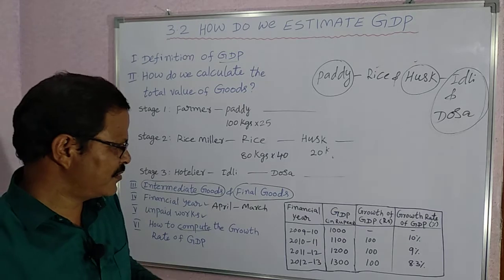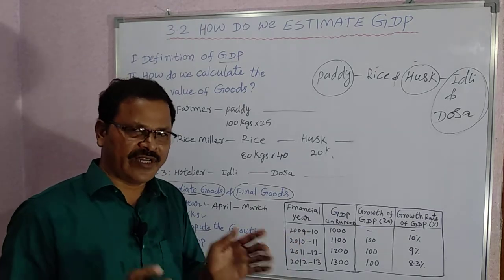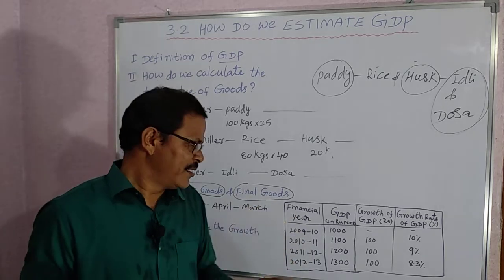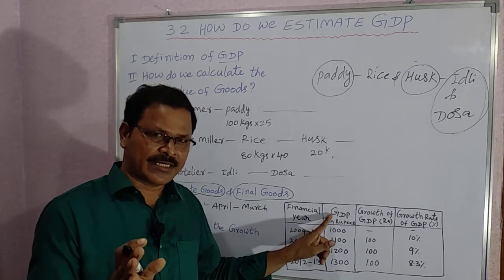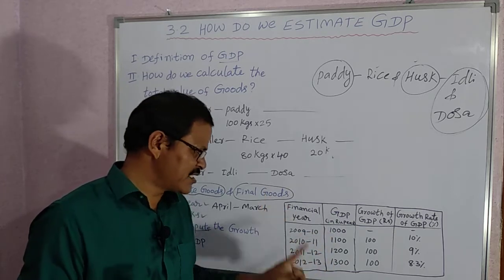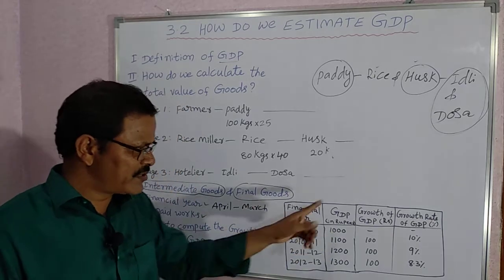For example, in the 2009-10 financial year, the GDP of a country is 1000 rupees. What is the growth of GDP?